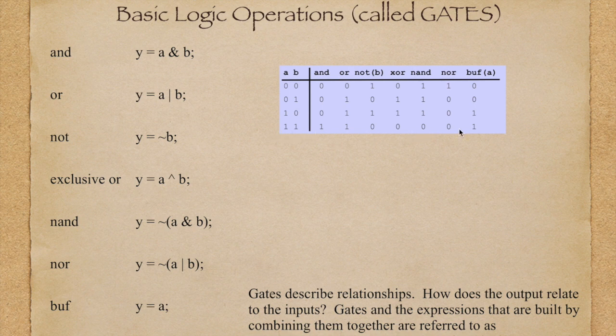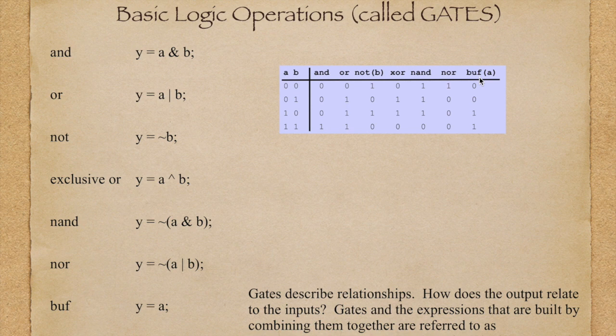Then on the right hand side, I've used one truth table to define all of the basic gates. The AND, the OR, the NOT, in which case I have to specify which input I'm complementing because it's only a unary operator. Exclusive OR, NAND, NOR, and what I've included here is a buff.